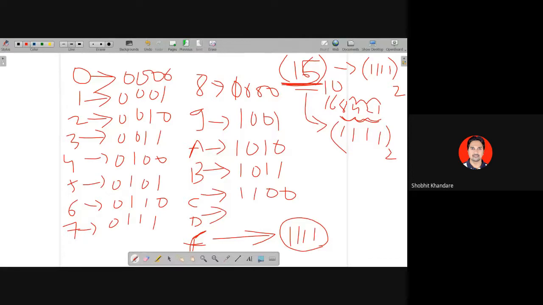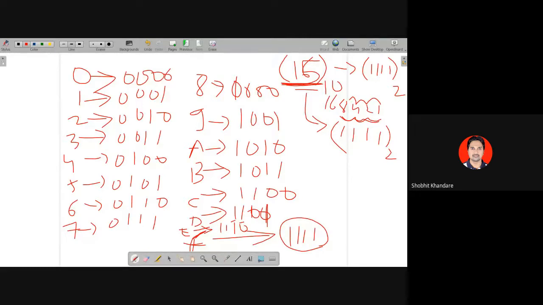For D, that is 13, so 13 can be represented as 1101. हाँ 1101 बराबर है, ये 1 बोले तो 8, ये 1 बोले तो 4, 8 प्लस 4 12, 12 plus 1 13. A B C D, सॉरी मैं E बोल गया था. तो अब E को कैसे लिखोगे? 1110. Very good. And F is 1111.